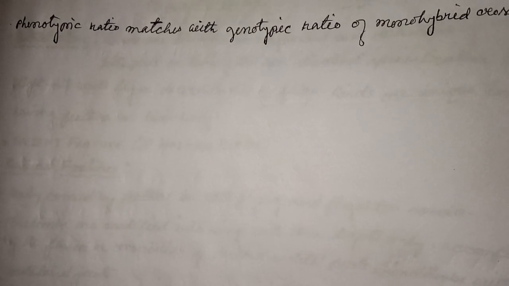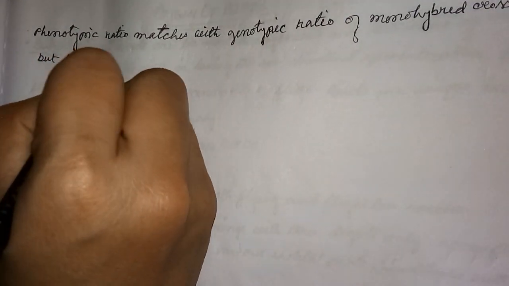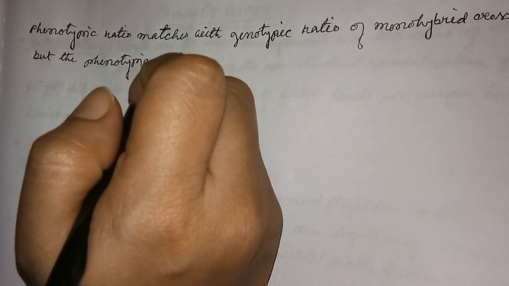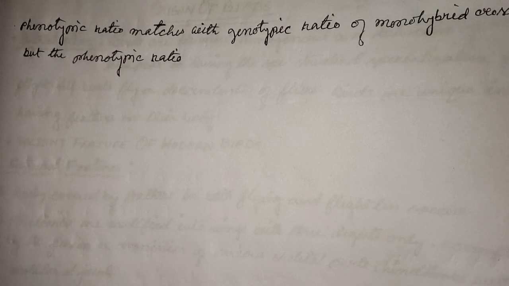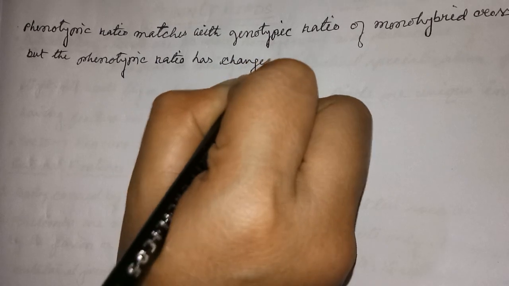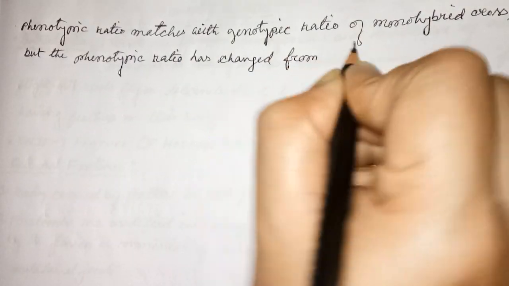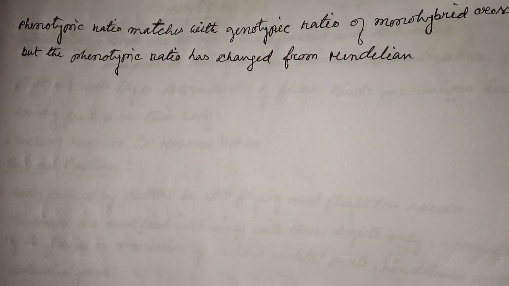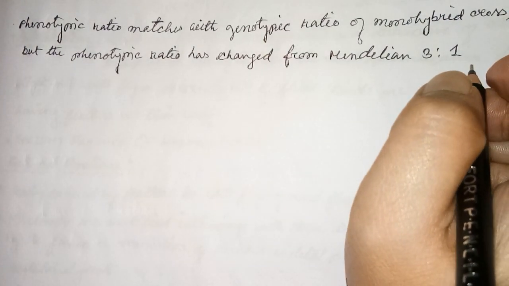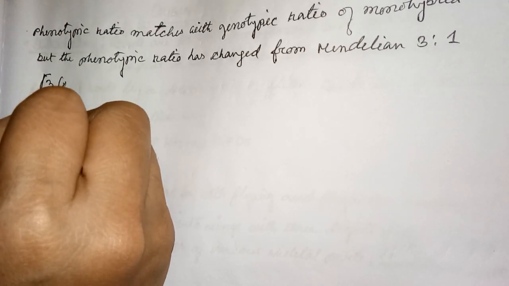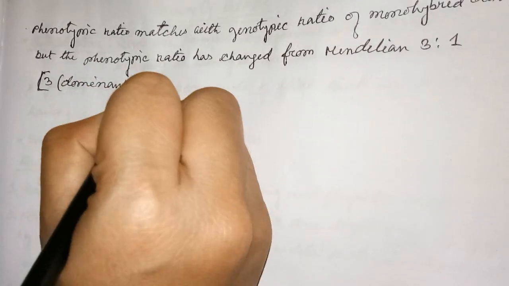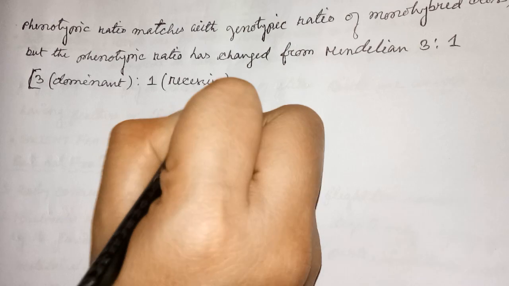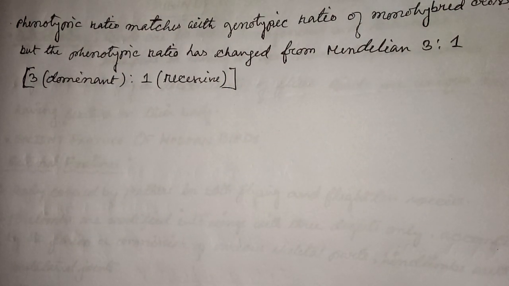But the phenotypic ratio has changed from the Mendelian 3 is to 1, that means 3 dominant is to 1 recessive ratio.